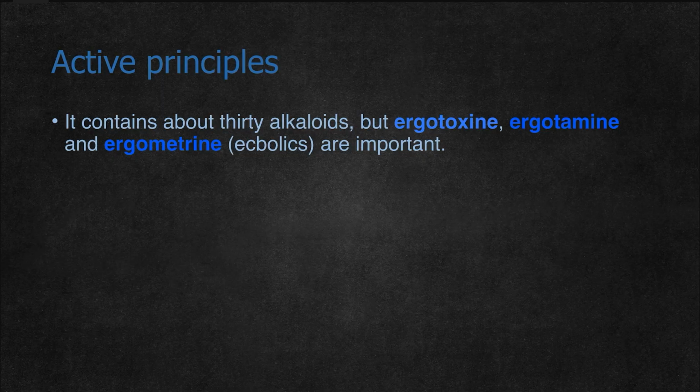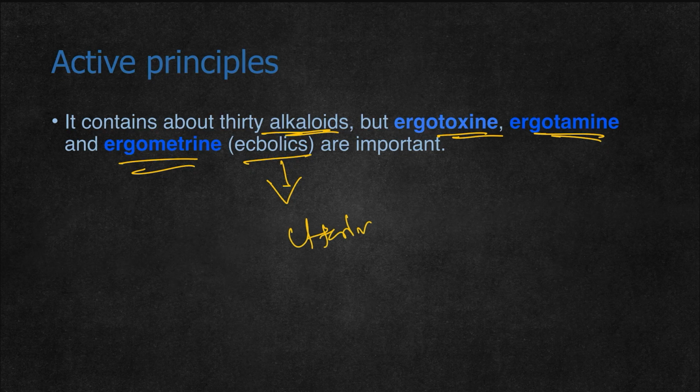Coming to active principles, it contains about 30 alkaloids. Among them, ergotoxin, ergotamine, and ergometrine are the important ones, and they are all ecbolics. Ecbolics are chemicals which cause uterine contraction, so it is also used for criminal abortion.